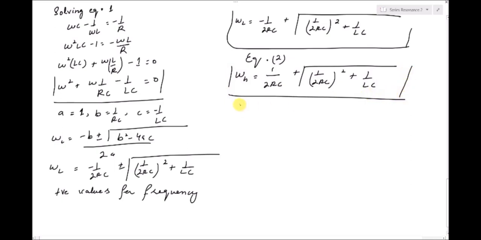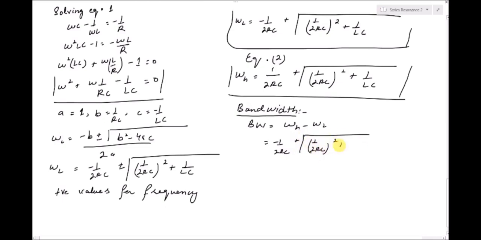Now if you have to find the bandwidth, bandwidth is actually the subtraction of the lower cutoff frequency from the higher cutoff frequency. So I will state it here: it will be omega H minus omega low, and it will become 1 over 2RC plus under root of (1 over 2RC) square plus 1 over LC, minus the quantity minus 1 over 2RC plus under root of (1 over 2RC) square plus 1 over LC.